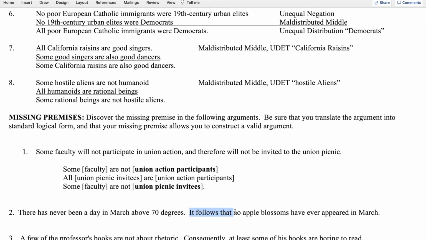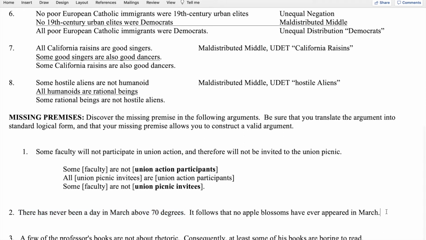And it follows that tells us this is going to be the claim of the argument, or in other words, the conclusion of the syllogism. And that means that this statement over here is the evidence statement, or in other words, the premise of the conclusion.